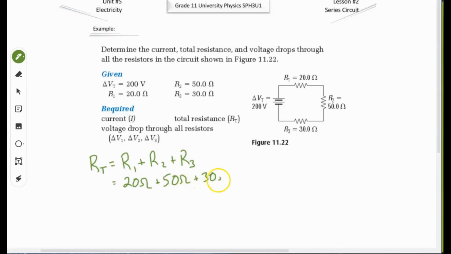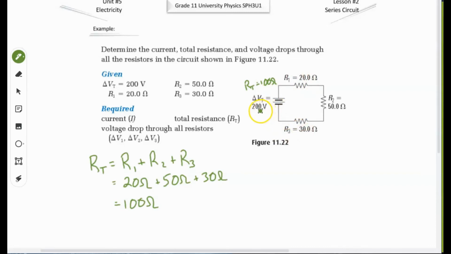So our total resistance then in this circuit is 100 ohms. Okay, so I can write that over here if it helps. We sort of like fill out the diagram. 100 ohms.